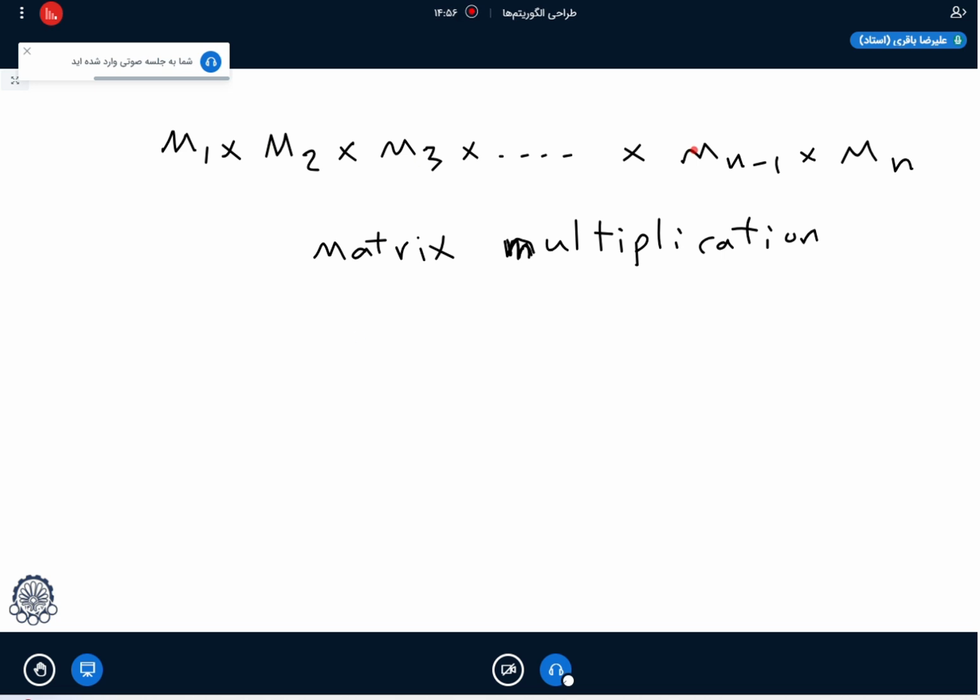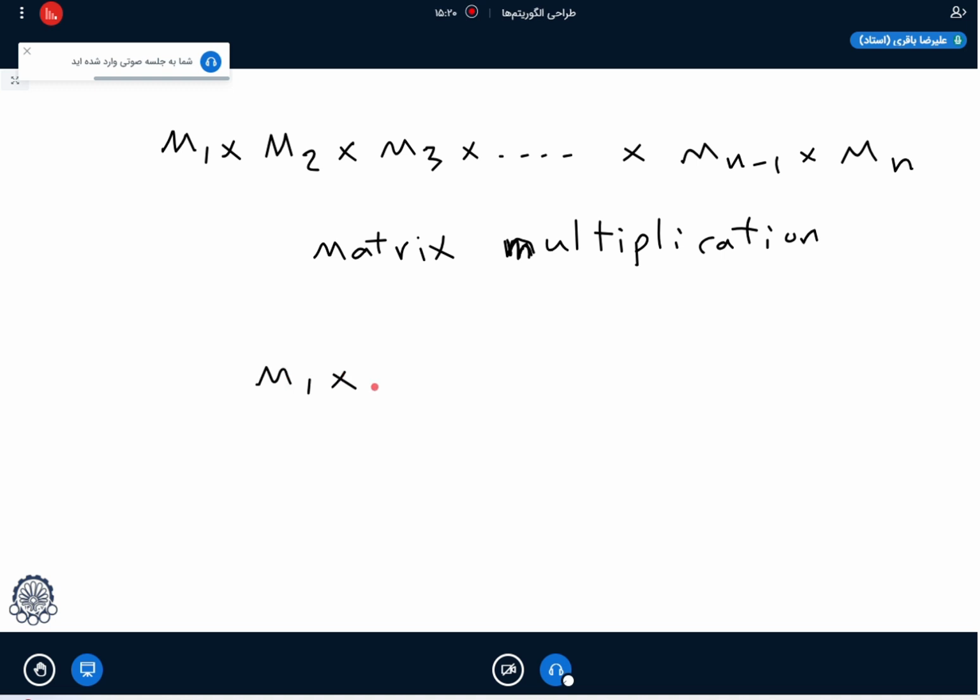When we are going to compute this multiplication, we can put parentheses in this multiplication.